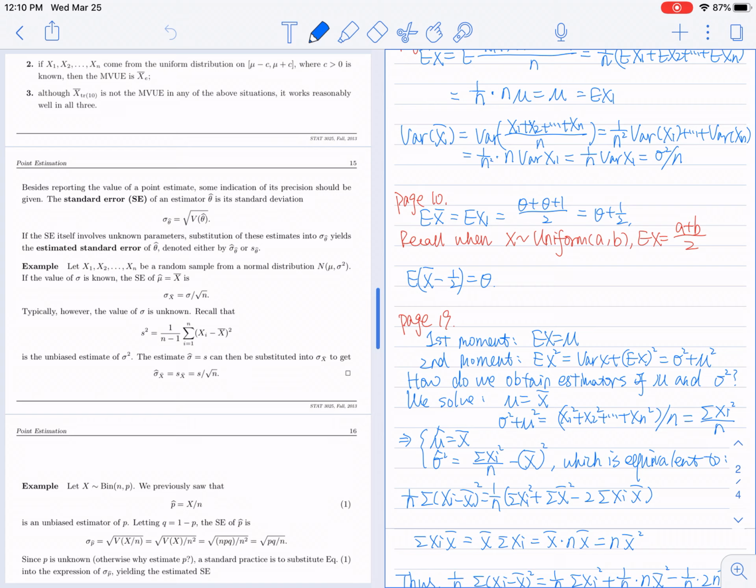And another concept we are going to introduce is called a standard error. So the standard error of an estimator measures how good this estimator is. It is defined to be the standard deviation of a random variable or of an estimator. So for example, let x1 to xm be a random sample from a normal distribution.